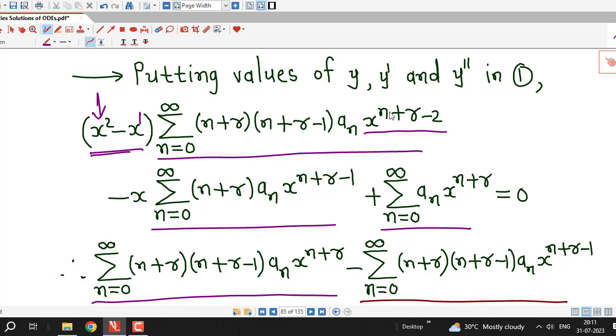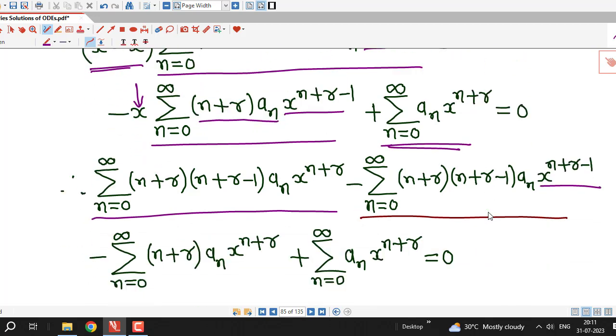Here power is 1, so we will have x raised to n plus r minus 2 plus 1, that will give us x raised to n plus r minus 1. Rest of the things as it is. Here also we multiply by x, and here I have x raised to n plus r minus 1 into x raised to 1, that will give me x raised to n plus r, and this quantity as it is, and this is as it is equal to 0.